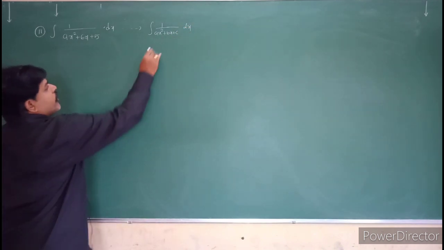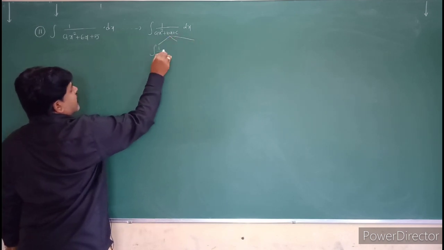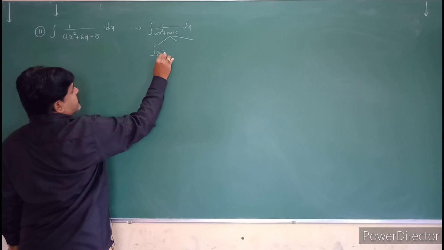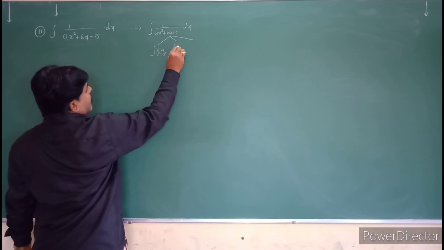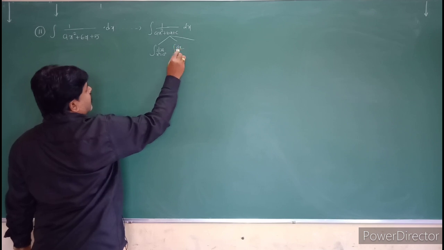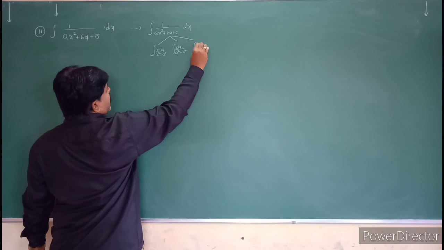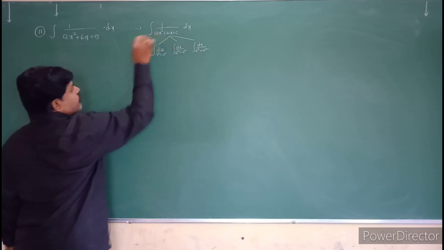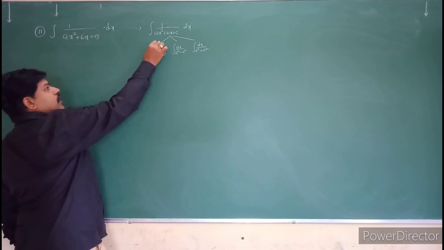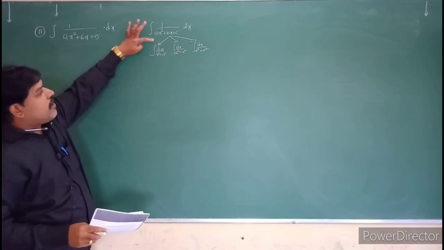You have to convert it into any one of these: integral 1 by x square minus a square, or integral dx by a square minus x square, or integral dx by x square plus a square. So this form you have to convert, any one out of these three.